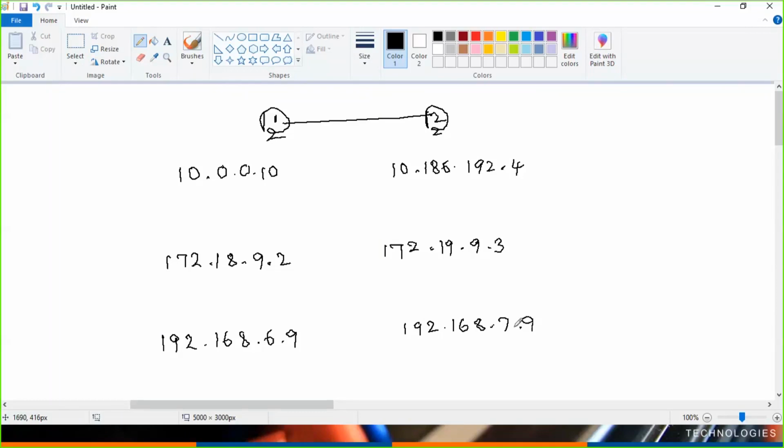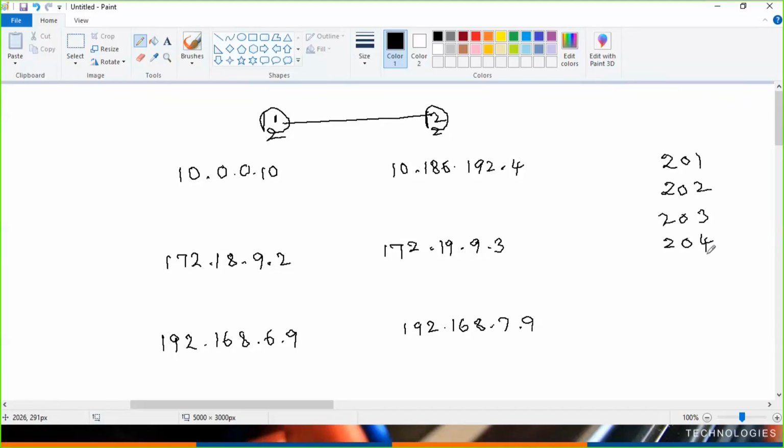So to understand whether devices are in the same network or in different networks, I'll give one general example. See, in apartments and buildings, what does 203 indicate? It's a flat. Second floor, third room.